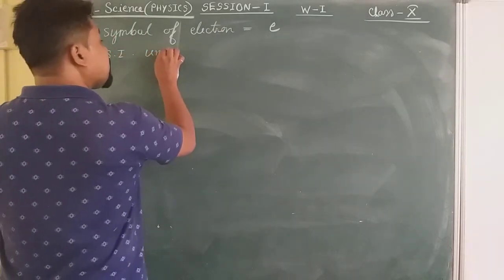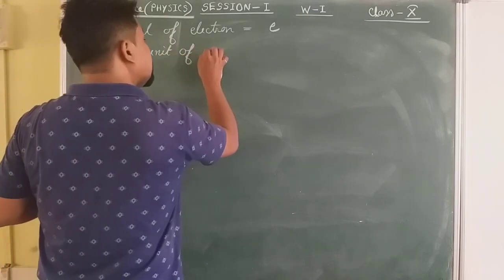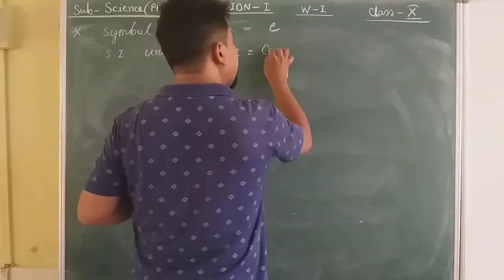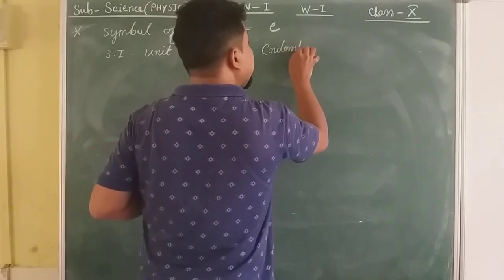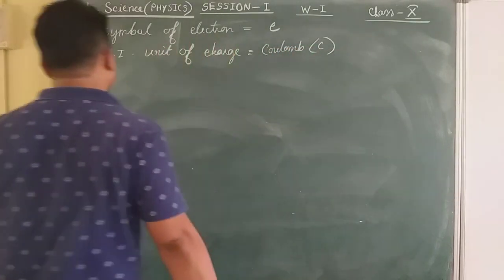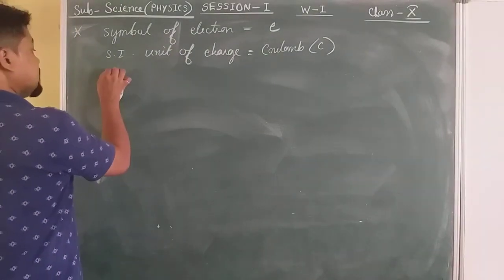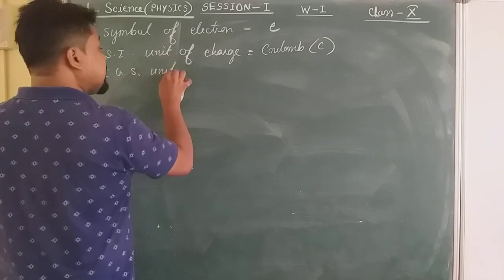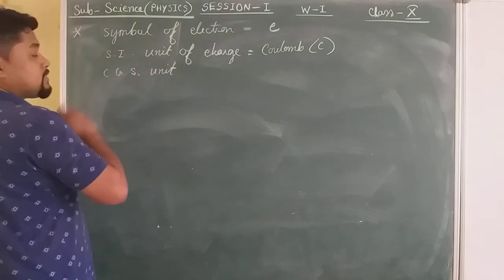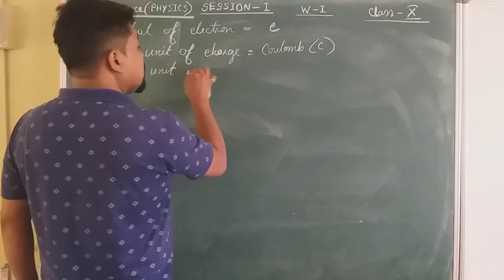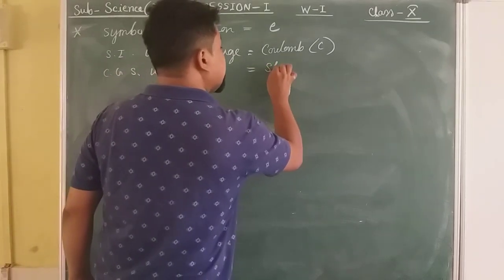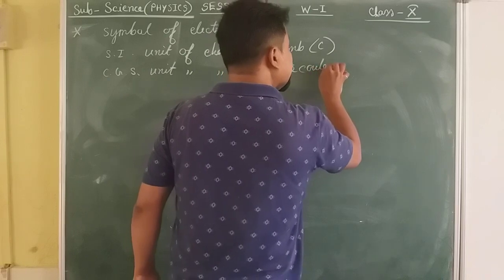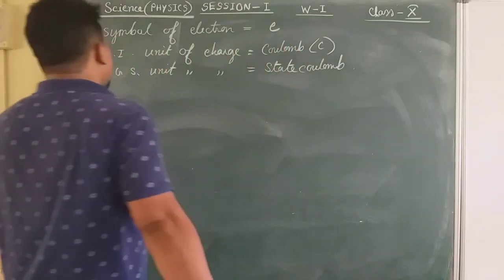SI unit of charge, coulomb, C-O-U-L-O-M-B, coulomb, C. In the CGS system, centimeter, gram, second system, the CGS unit of charge is statcoulomb. Right?